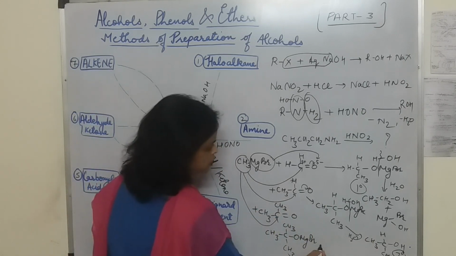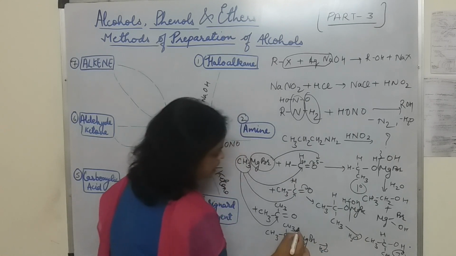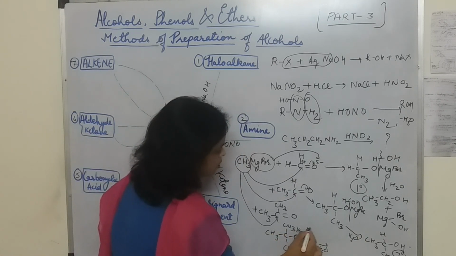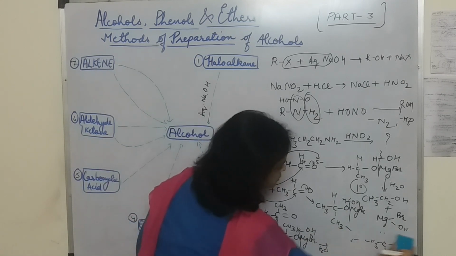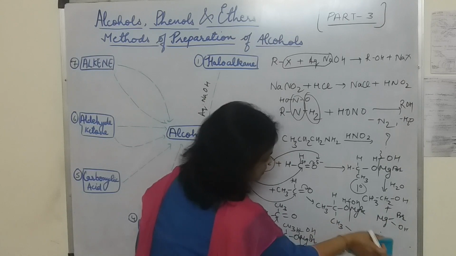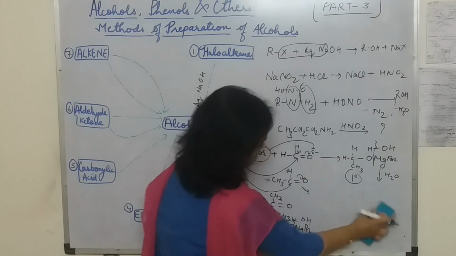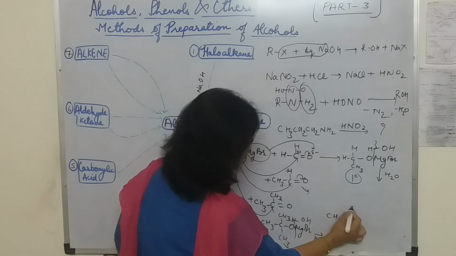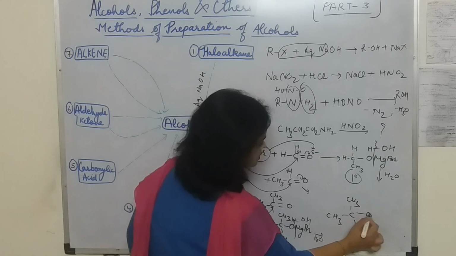Now hydrolysis. Again the bond will break here, HOH. So what is the structure of the product formed? I am rubbing from here, students, just so as to write the product clearly. CH3, C, CH3, CH3, OH.